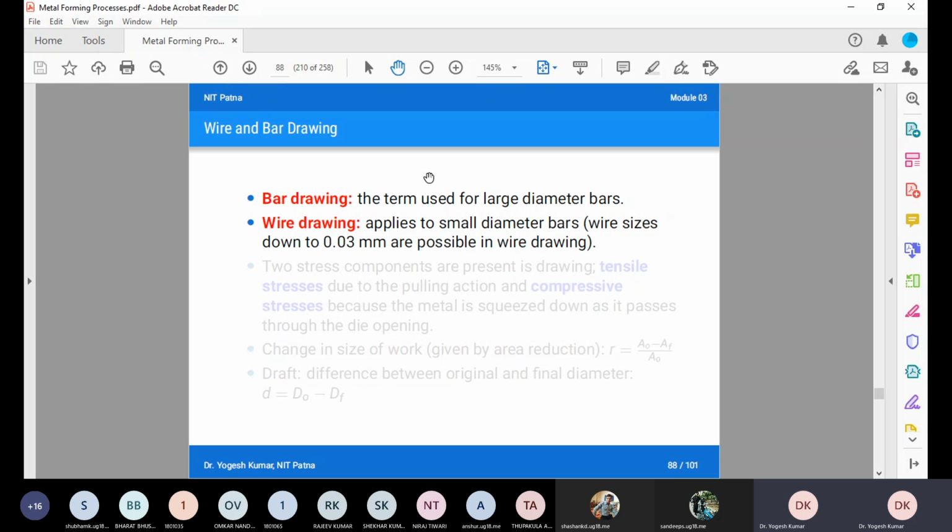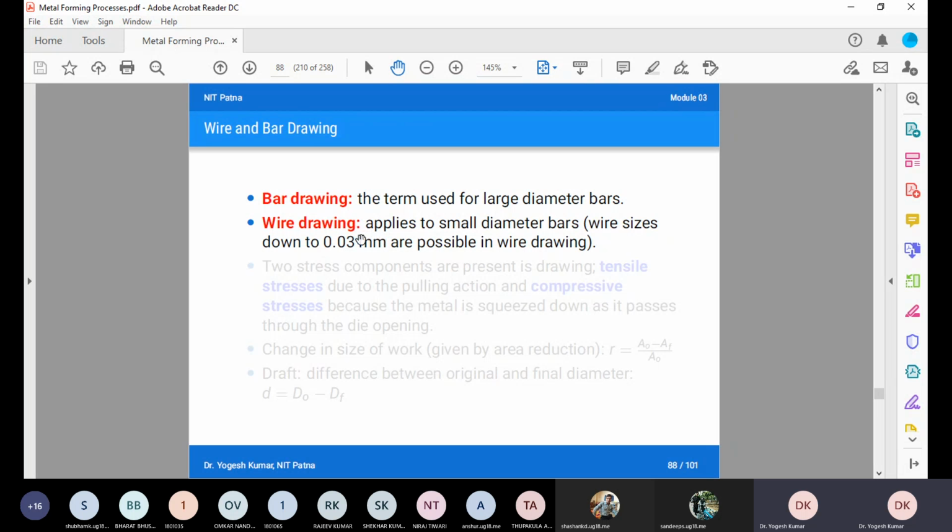For smaller diameters, 2 mm or less than 2 mm, 1.5 mm, and up to 0.03 mm, the dimensions are termed as wire. So the process used to reduce small diameters, of less than 2 mm, is termed as wire drawing.